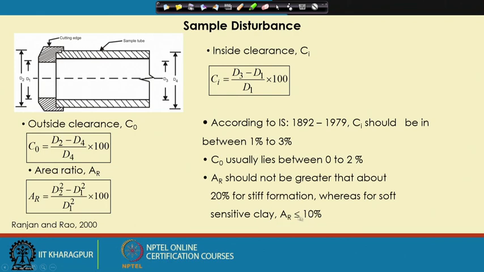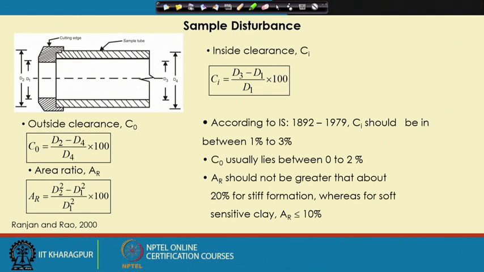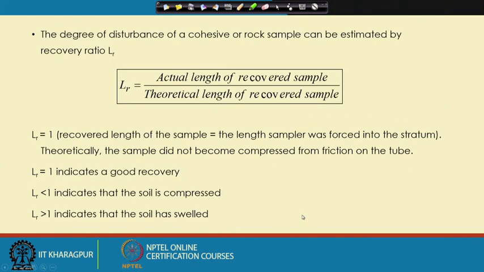So, it should be around 10 to 20% for stiff formation, and for soft clay it is less than 10%. Now, when we collect the soil sample, there is a recovery also.